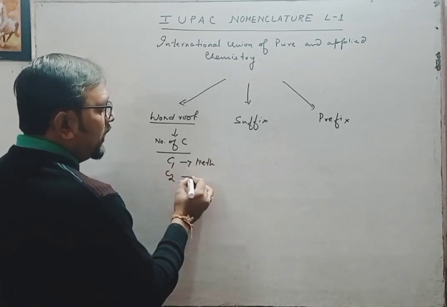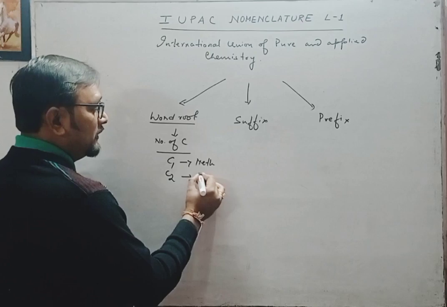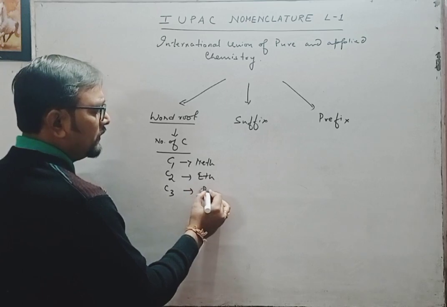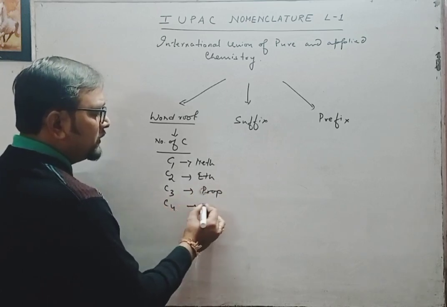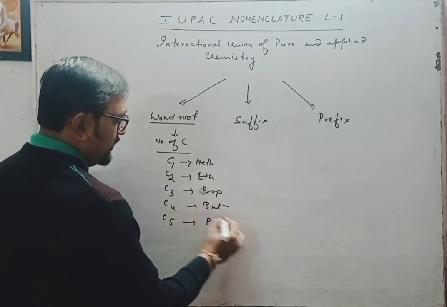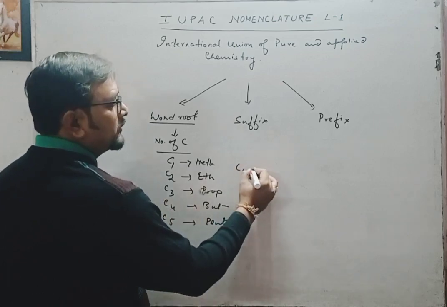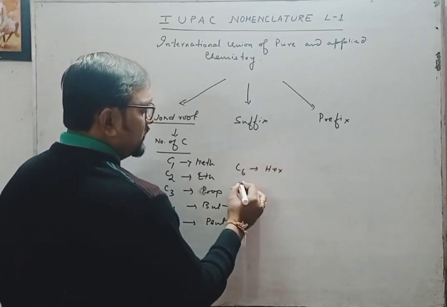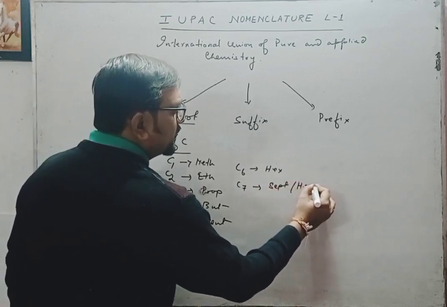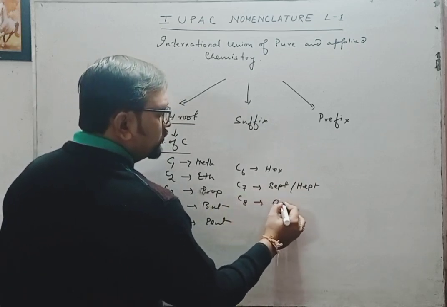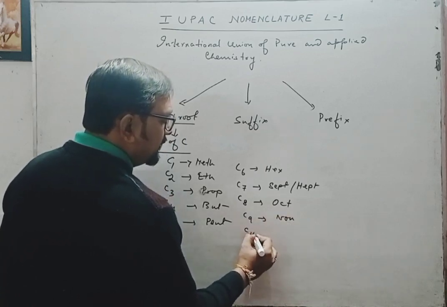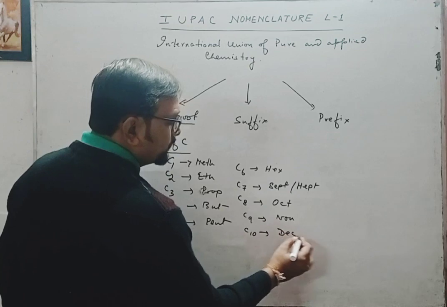If it is 2 carbons, eth. 3 carbons, prop. 4 carbons, but. 5 carbons, pent. 6 carbons, hex. 7 carbons, sept or hept, whichever you feel like. 8, oct. 9, non, and 10, dec.